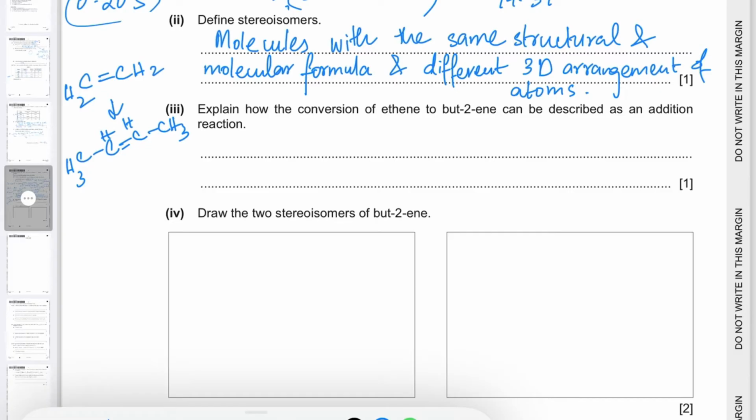During an addition reaction, one molecule combines with another to form a larger molecule with no other products. For example, the examples that can be used from our syllabus include hydrogenation reaction, hydration reaction, and halogenation of alkenes. And this is a similar reaction where only one single product is made.